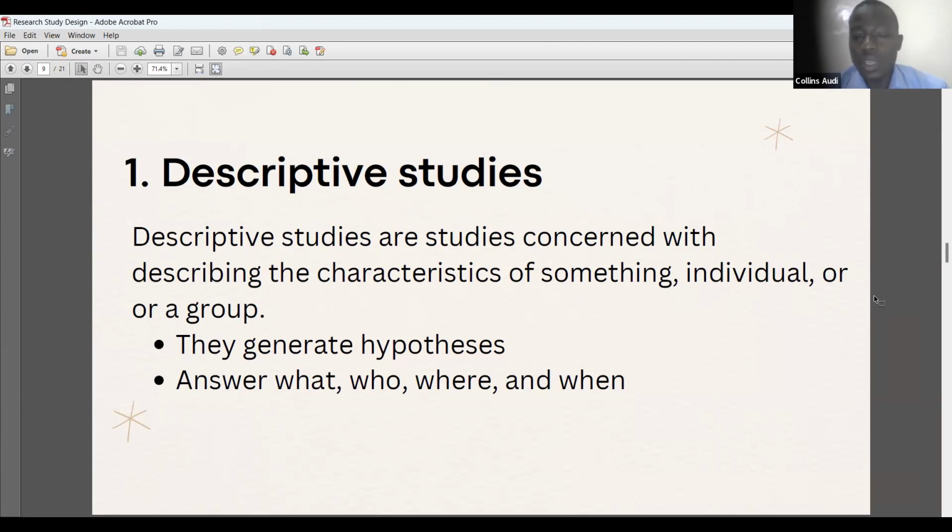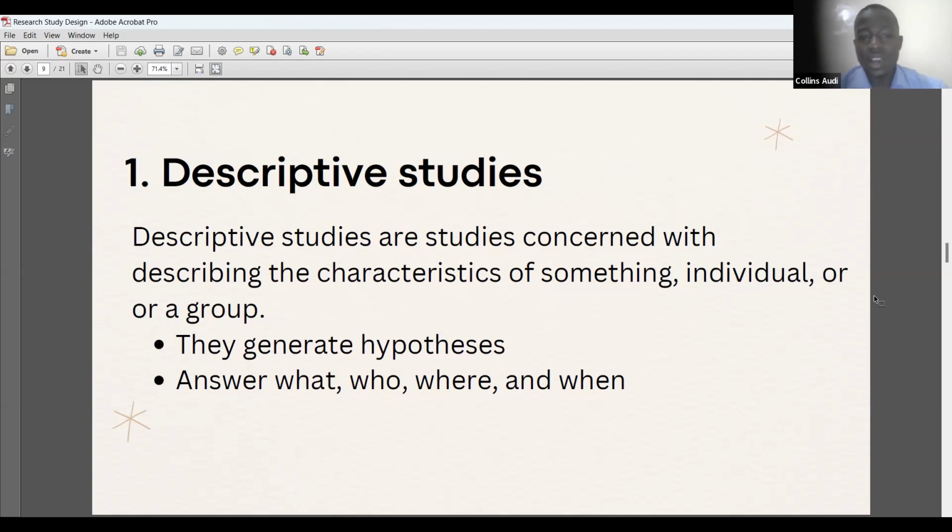For example, if we do a descriptive study in a town in Kenya, and we find out that many people are developing cervical cancer, then we might start developing a hypothesis on what are the causes of cancer in this area. Maybe there's a specific kind of culture that is taking place there.